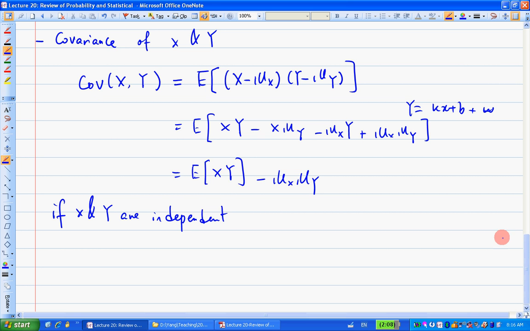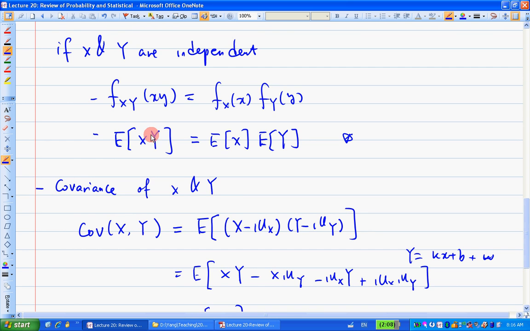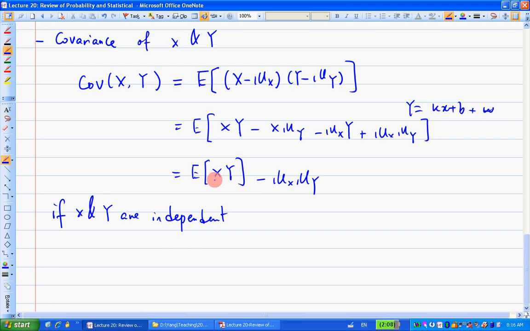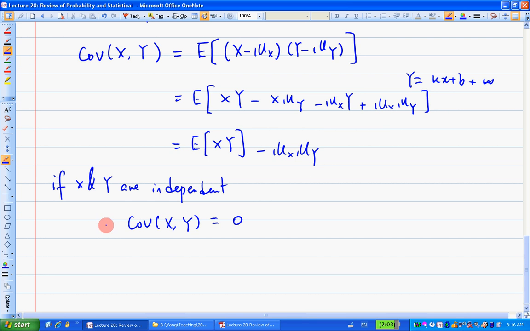So E of XY here, if they're independent, remember I said this is E[X]E[Y], so mu X mu Y minus mu X mu Y. That basically means covariance of X, Y equals 0. And another property here: if you replace the Y with X, what do we get?